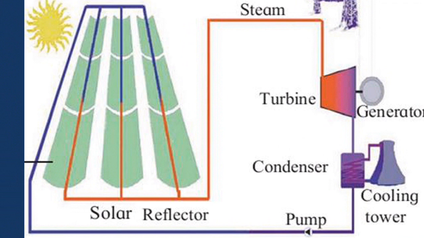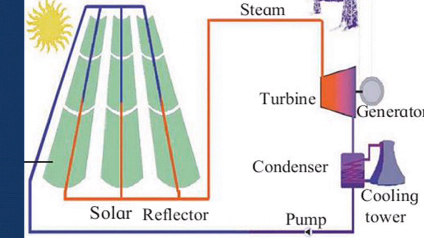If you look here, there are three tubes over each row of these reflecting panels, and when sun rays are incident on these panels, after reflection they are concentrated on these tubes.